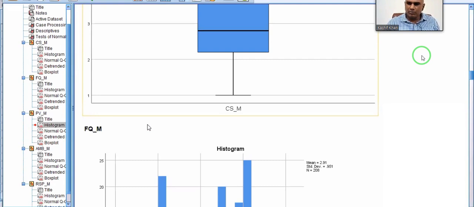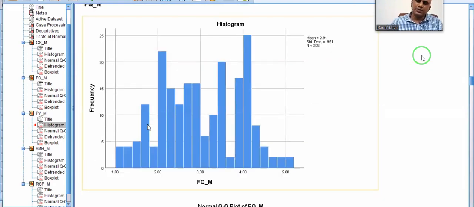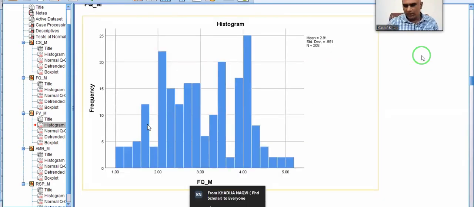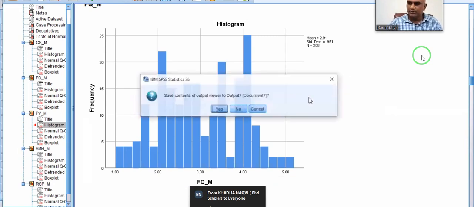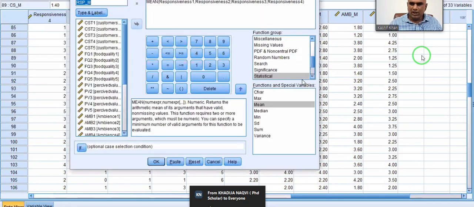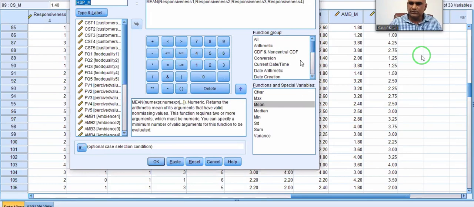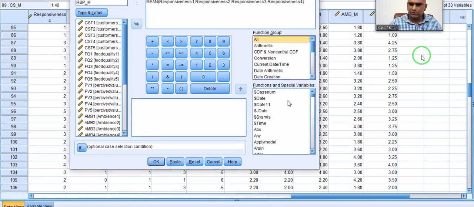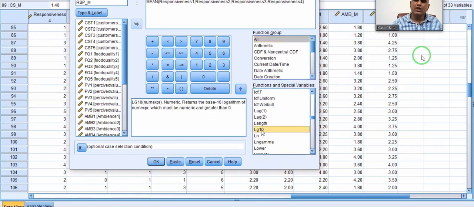If it's not normal, like I said, in secondary data they take log, and taking log is very easy. Go to transform. Taking log is very easy. Somewhere here you'll find log, log 10. However, I'm not sure about that, because it's very common in secondary data research.